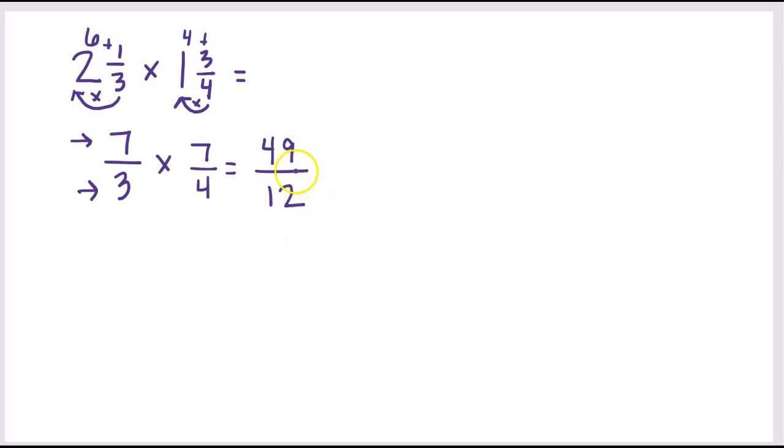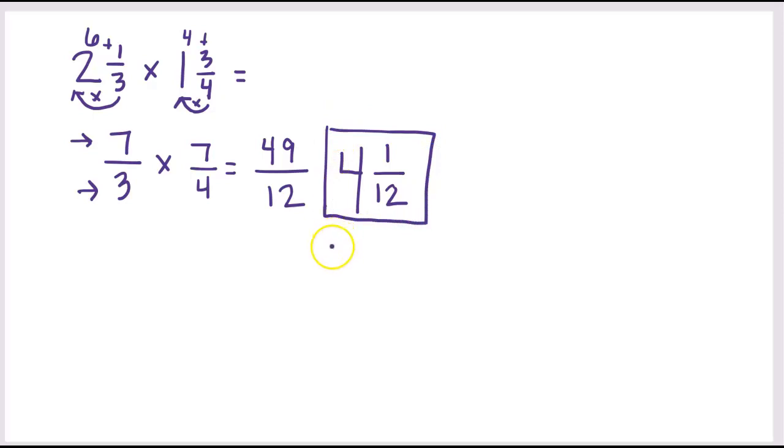What times 12 will get me to 49, or at or close to 49? And I know, because I know my multiplication facts, 12 times 4 is 48. So I'm going to say, okay, 12 will go into 49 4 times with 1 left over, and I'm going to keep the denominator of 12. So 2 1/3 times 1 3/4 is 4 1/12.